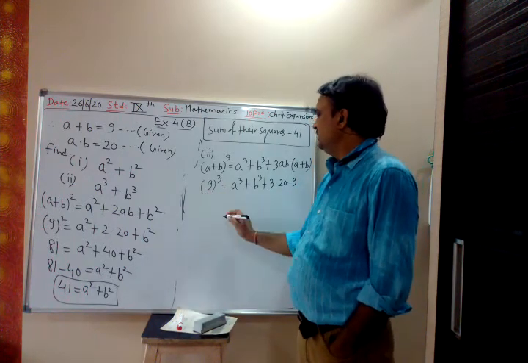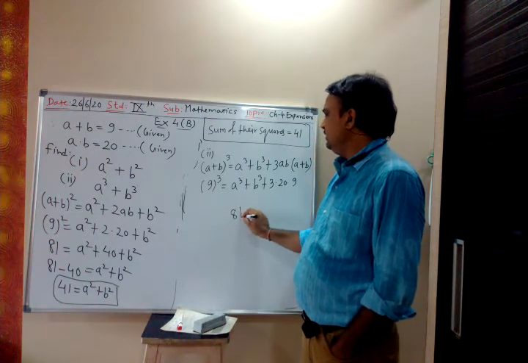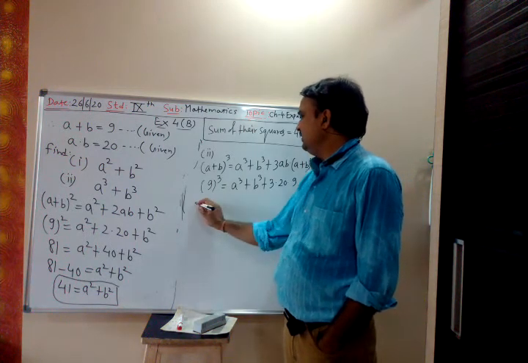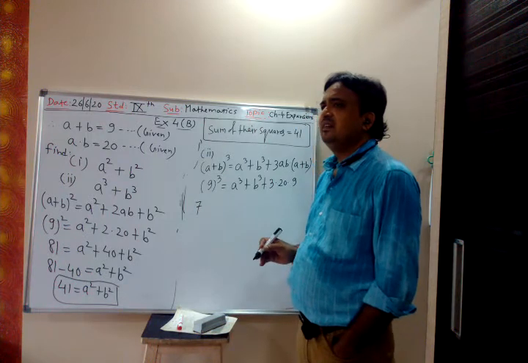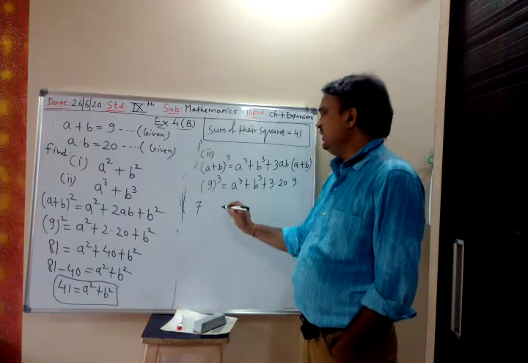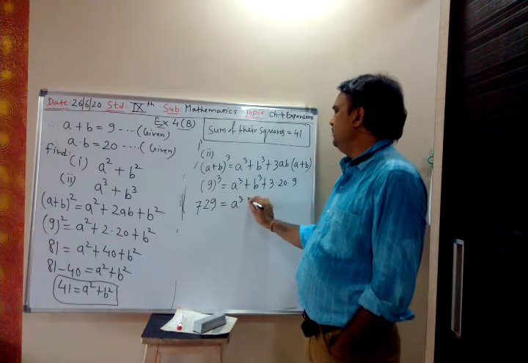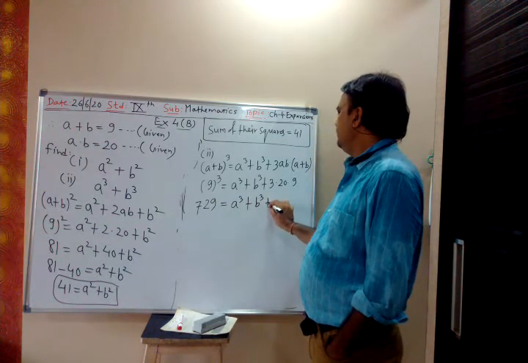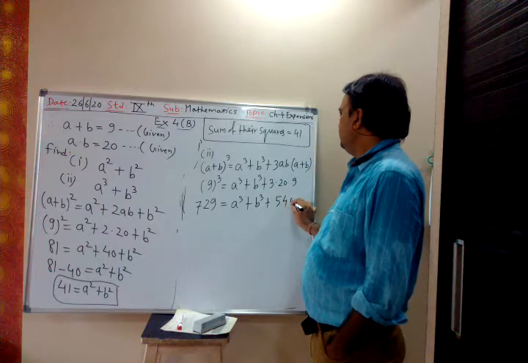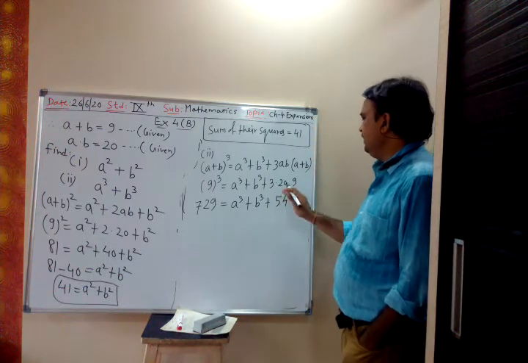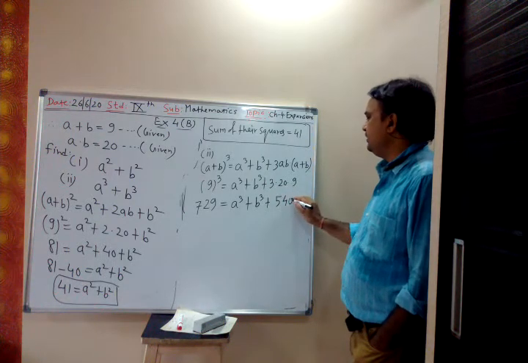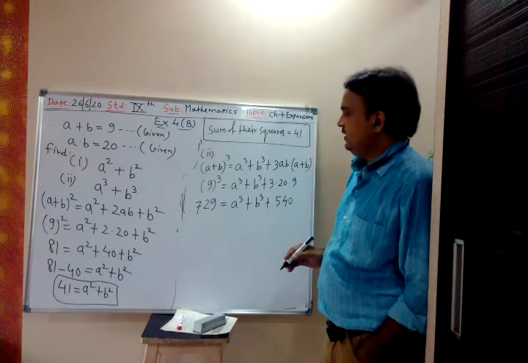Yes? 9 into 81 is 729. Correct? Yes, 729. So 729 is equal to a cube plus b cube plus 540. 3 into 20 is 60, into 9 is 540. Is it clear?